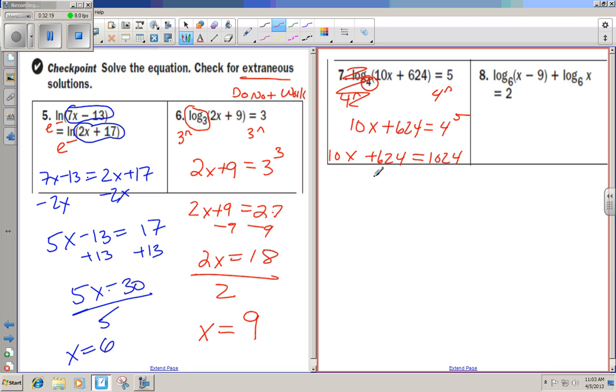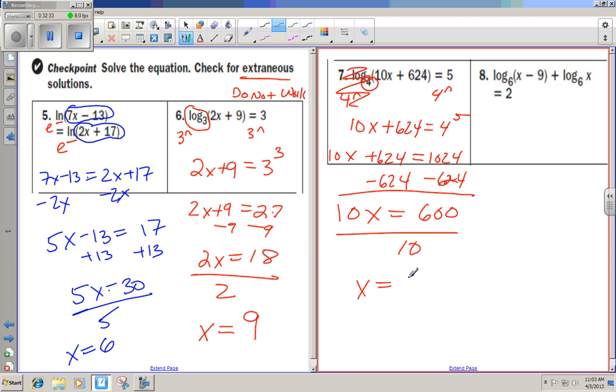So from here, again, solve for x. 10x equals 600. You divide by 10. Oh, I jumped ahead here. Hopefully you noticed that I made an arithmetic mistake. 1024 minus 624 is 400.